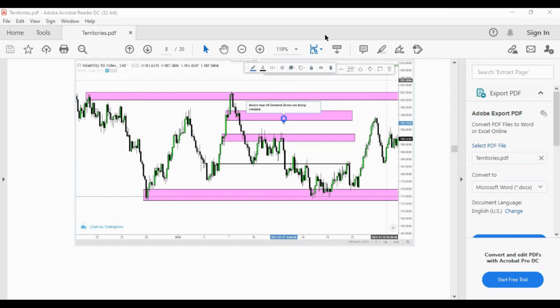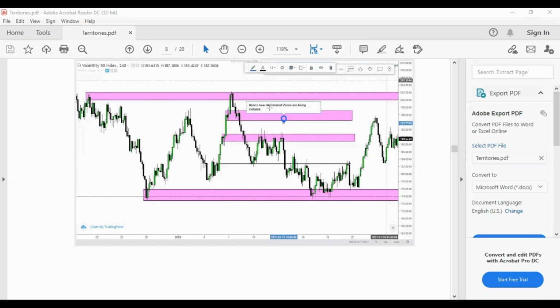Then here, like I said, price is creating a series of lower highs, lower lows, just like that. So these are important points.